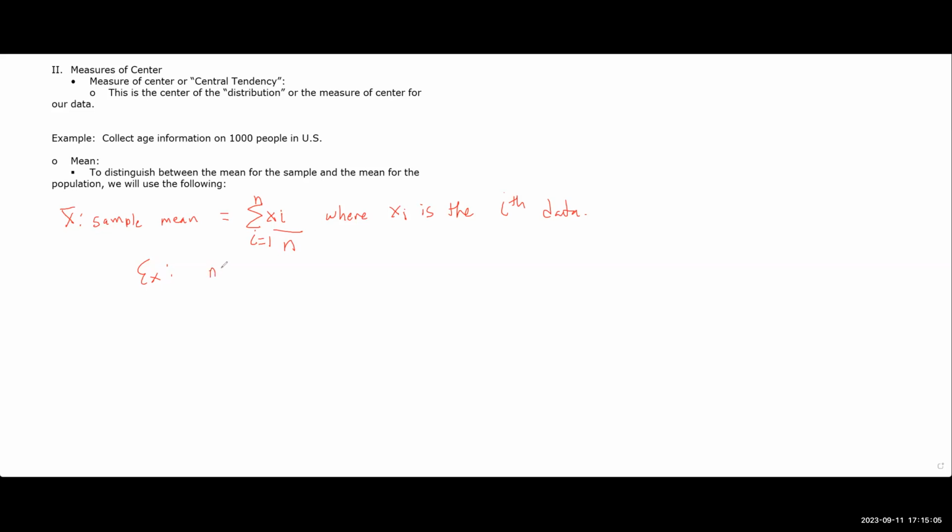So n is equal to 10, or the sample size is 10. The 10 data points are 5, 7, 8, 12, 22, 23, 1, 2, 3, 6.